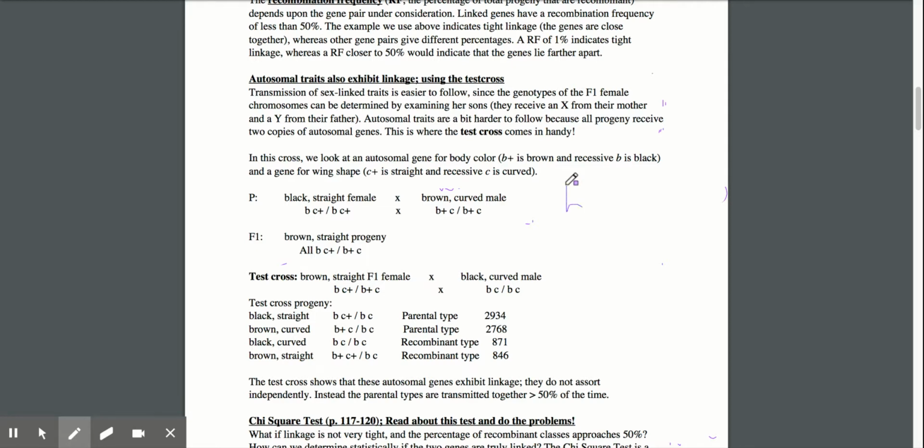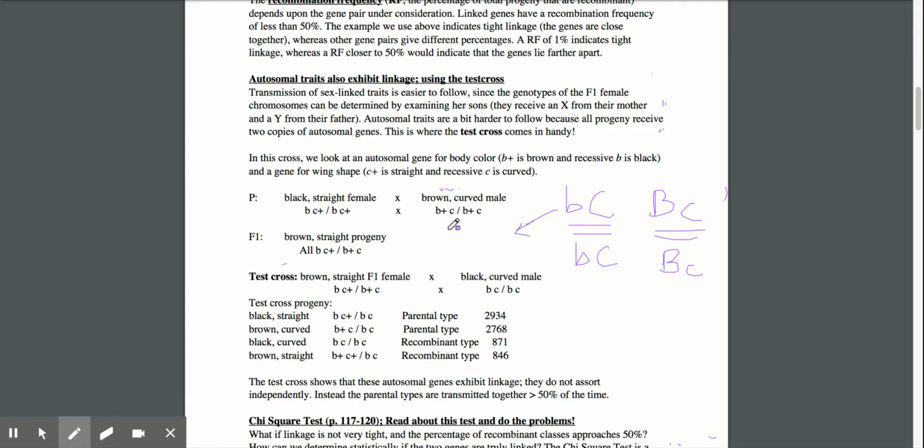So remember that b, c plus is the same as little b, big C. And so I have the pure breeding female, and then I have my male, who's b plus, that's the same as big B, and little c, right? They're homozygous, so they'll have the same thing on both chromosomes.